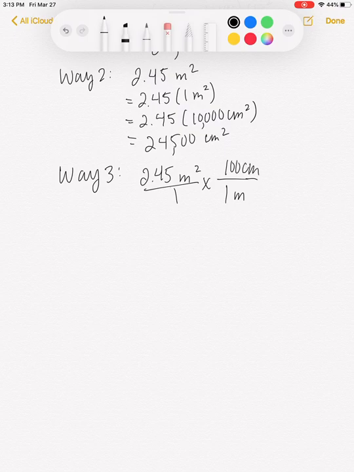And I'm setting up the conversion factor this way so that I can see that the meters will cancel. Well, I have 1 meter there, but 2 sets are there. And so I need to add on another conversion factor of 1 meter for every 100 centimeters. So I cancel these 2 meters in the denominators with these 2 meters in the numerator. Okay, and what we have next is we're going to multiply them together. Multiply the numerators and the denominators.